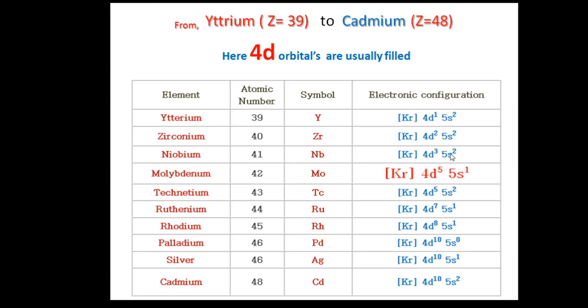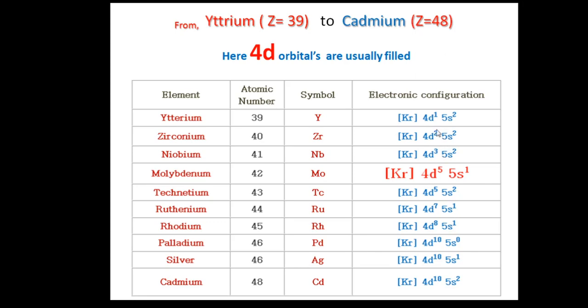Students, in this case you will observe that some authors start with 4d4. So some authors start with the 4d4 electronic configuration and some with the 4d3 electronic configuration. So don't be confused, because the same thing is going on here too.